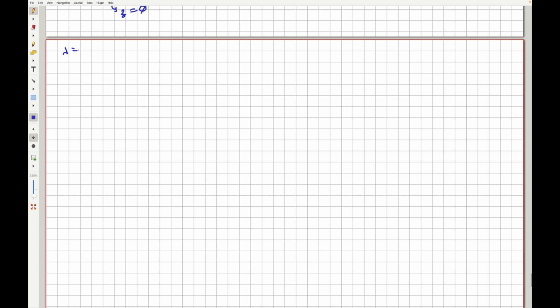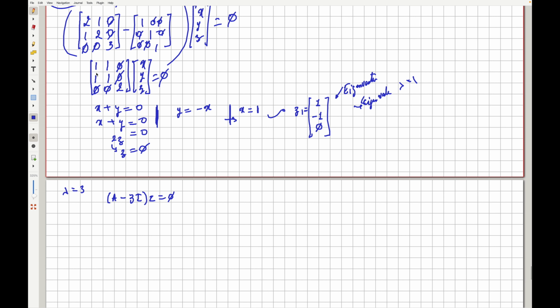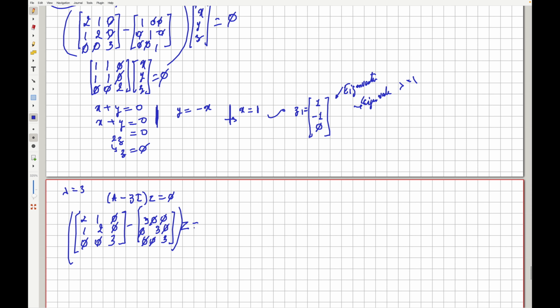Now similarly, we can find the eigenvector for lambda is equal to 3, and in this case we have the relation A minus 3I times z is equal to 0. If we again take the matrix A, which is 2 1 0, 1 2 0, 0 0 3, minus 3 3 3 along the diagonal and 0 elsewhere, then times z is equal to 0.